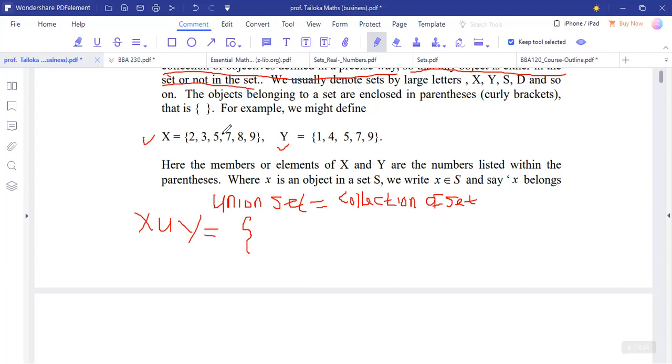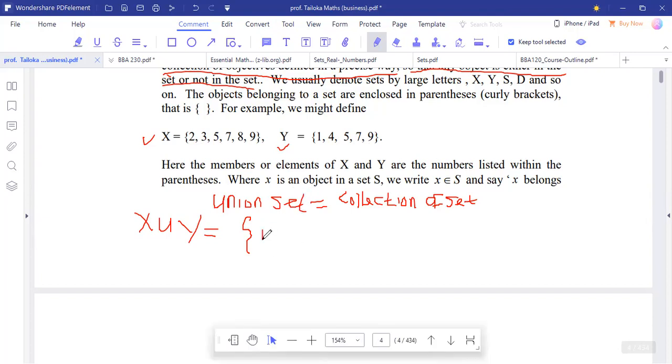So meaning here we can combine these two sets. We need to combine what is in X and what is in Y, and we come up with one thing: a union. We come together for X and Y, but we should avoid repetitions. You should not repeat the numbers that are there.